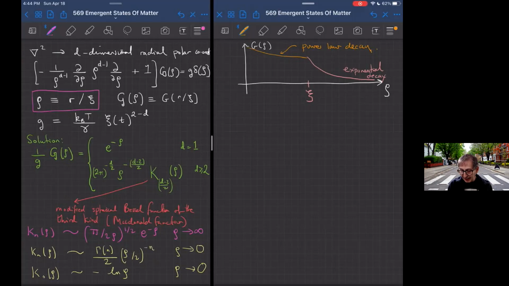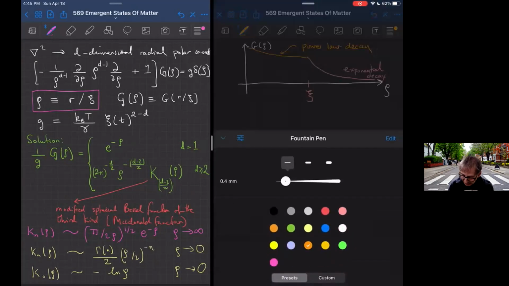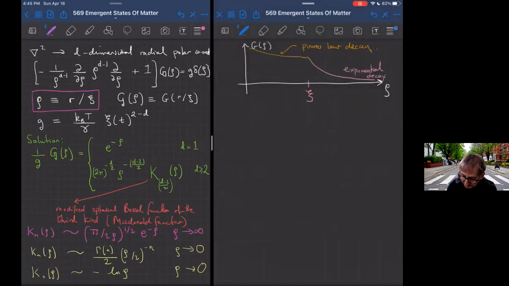But the idea is as I go toward the critical point, this correlation length, psi, goes to larger and larger values as t tends to tc. And so it pushes the exponential behavior off to infinity.